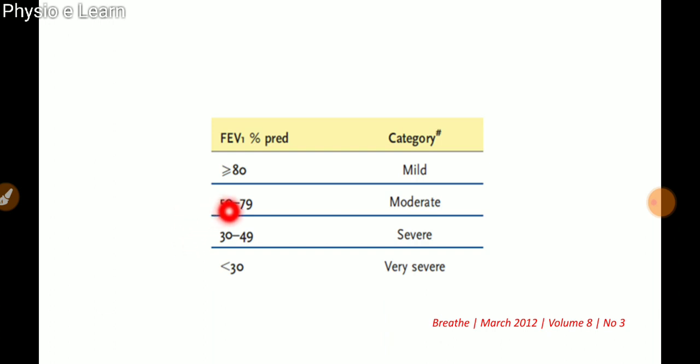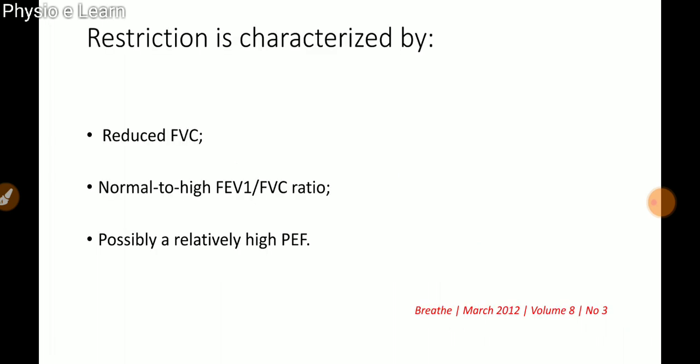So this is the classification of obstructive conditions based on FEV1.